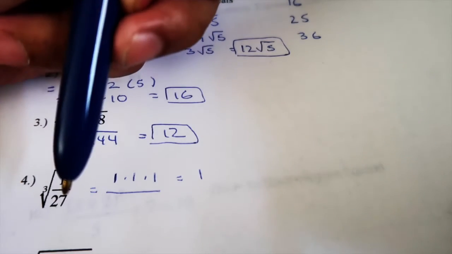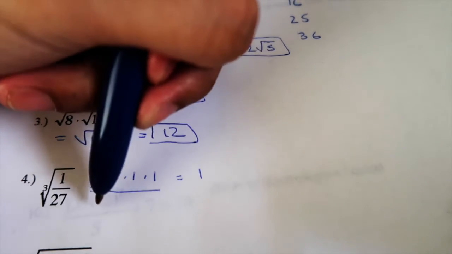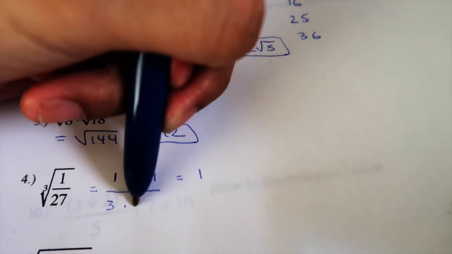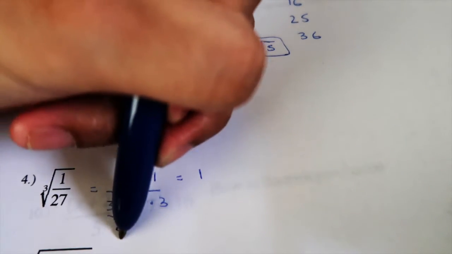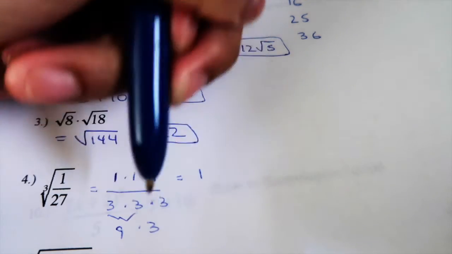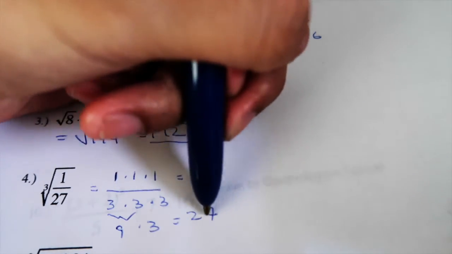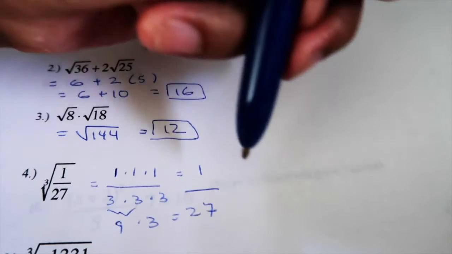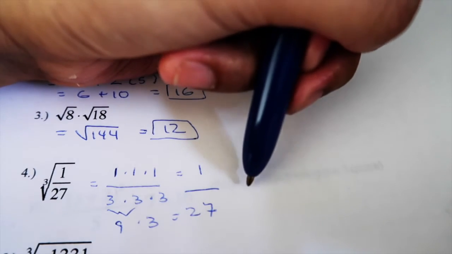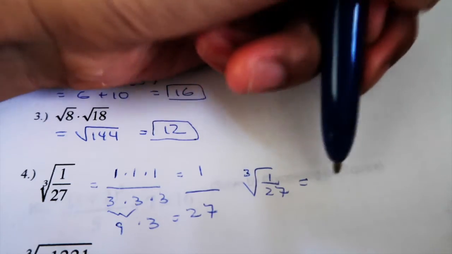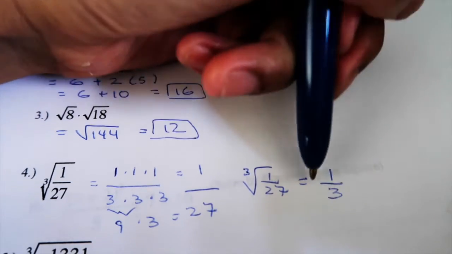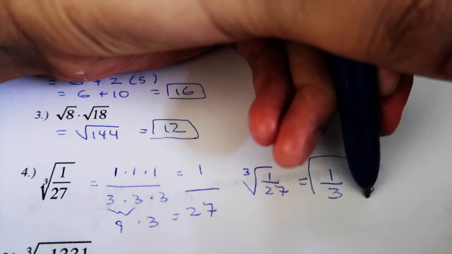Cube root of 27, we know 3 times 3 times 3. 3 times 3 is 9. 9 times 3 is 27. So we know that the cube root of 1 over 27 would be 1 over 3. Final answer.